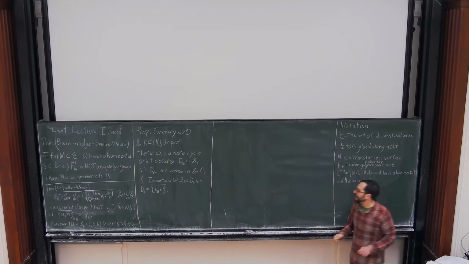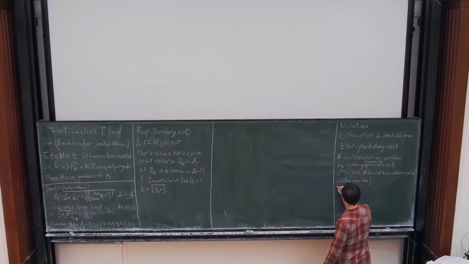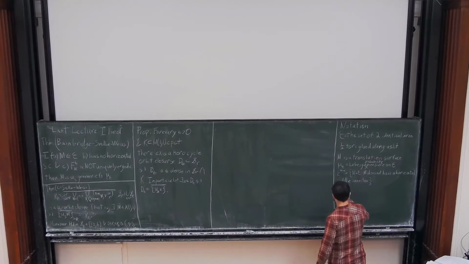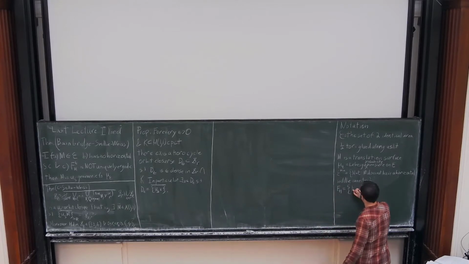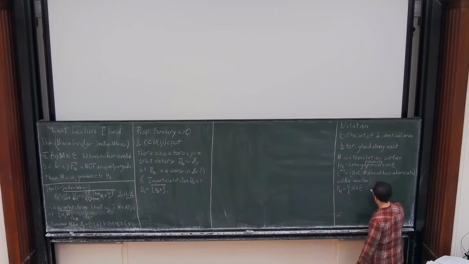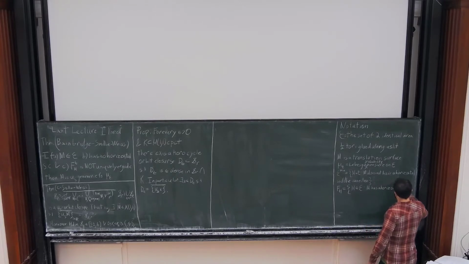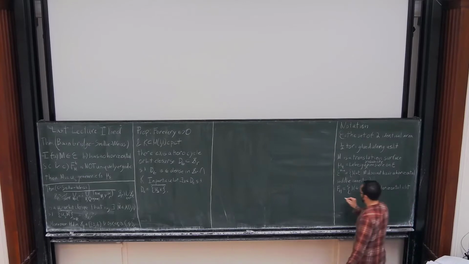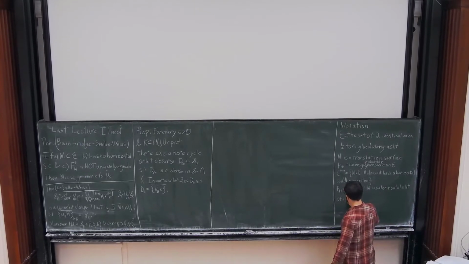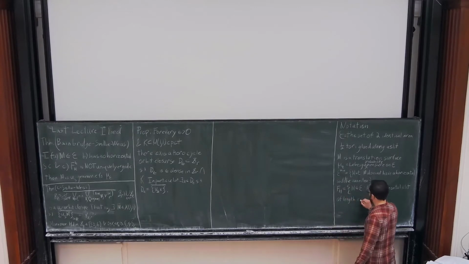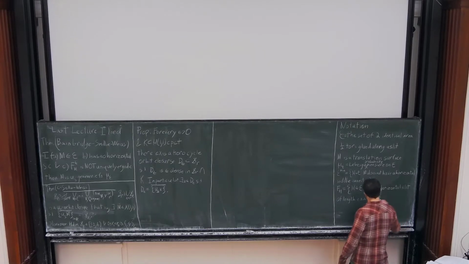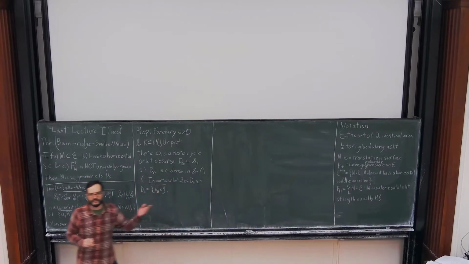Okay, so I want to tell you what this set is, so I can go over to my notation setting, and I want to let F_H be equal to the set of all M in E, so that M has a horizontal slit of length exactly H. Is everybody okay with what this is?